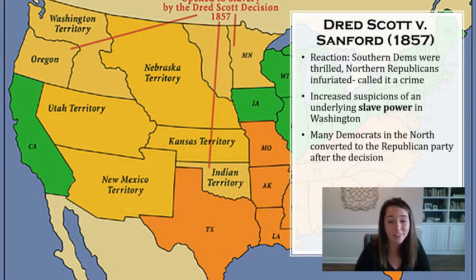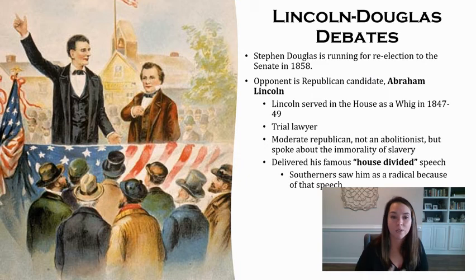And after that, many Democrats in the North are going to convert to the Republican Party because they see the Democratic Party as a threat to the Union. And things start to get more and more heated as we're heading towards 1860.